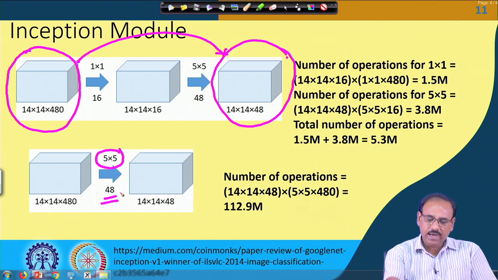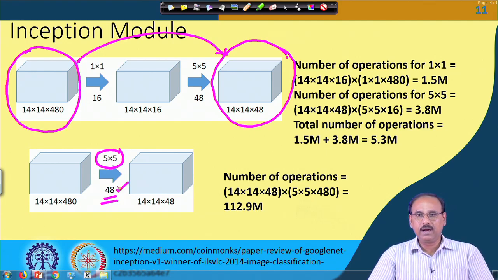Each of these 48 kernels will give you a feature map of size 14 by 14 by 1, as I said, with appropriate stride and the corresponding padding operations. And each of them gives you one feature map. So, when I have 48 such kernels, I get 48 feature maps. You stack them together, you get 14 by 14 by 48.